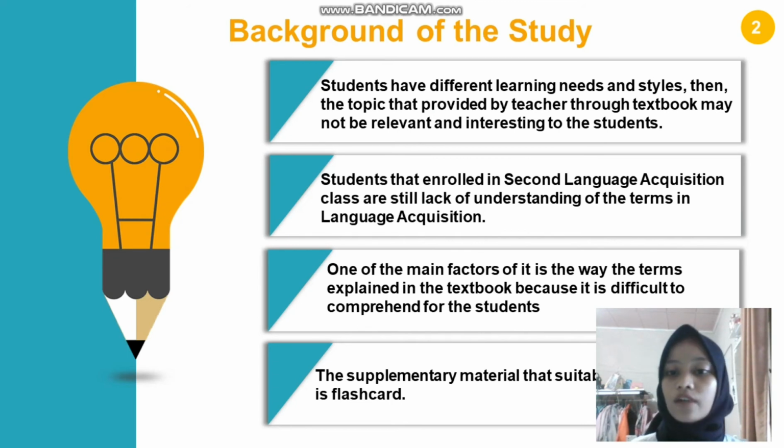And in the flashcard, we use points to explain something. The design of the flashcard is also interesting. It could be designed to be as interesting and eye-catching as possible. So it can be said that it is suitable for students of second language acquisition.